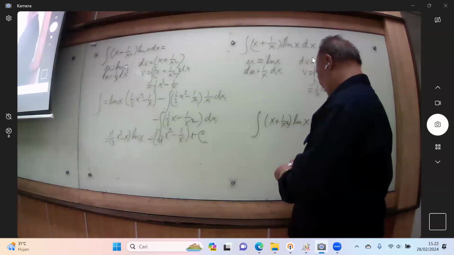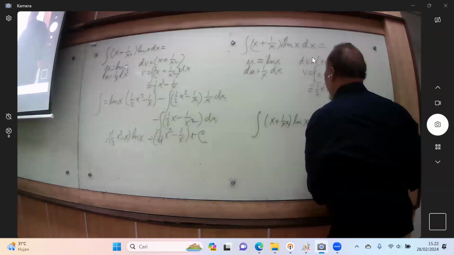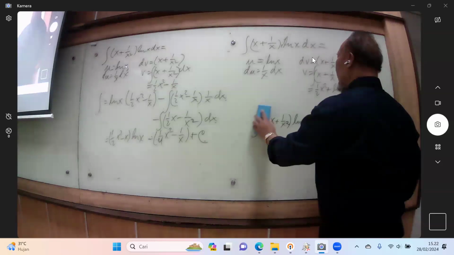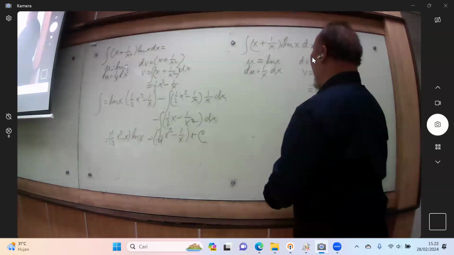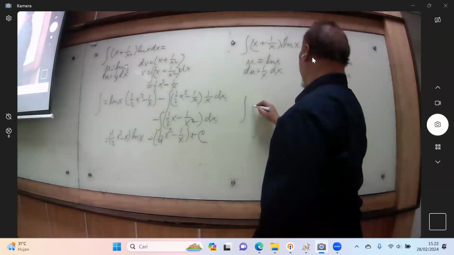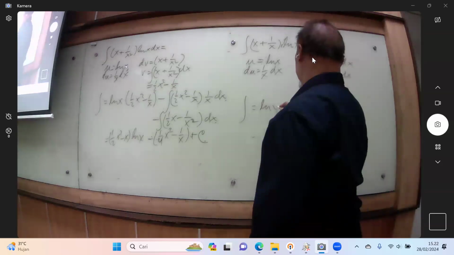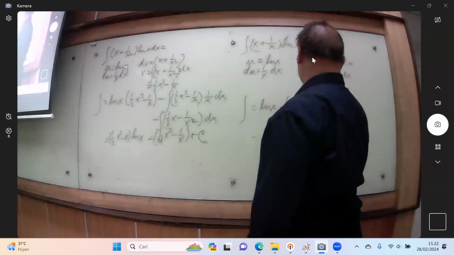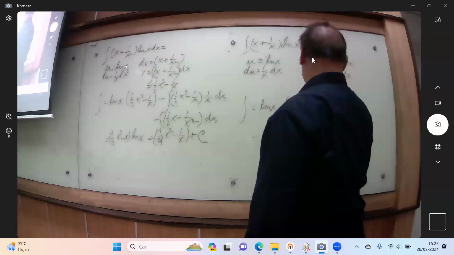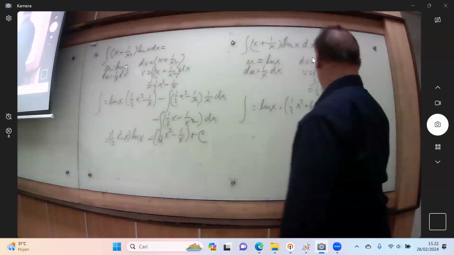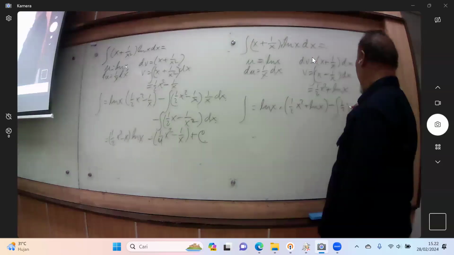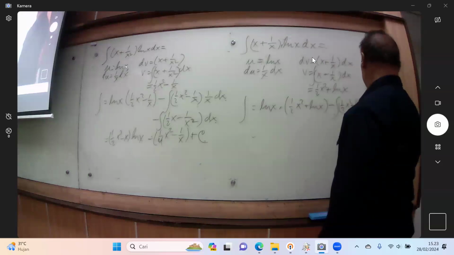So the result is ln x multiplied by half x squared plus ln x, minus the integral of half x squared plus ln x multiplied by 1 divided by x dx.